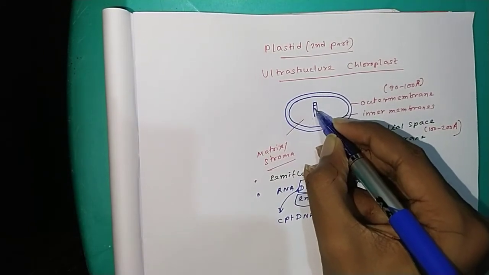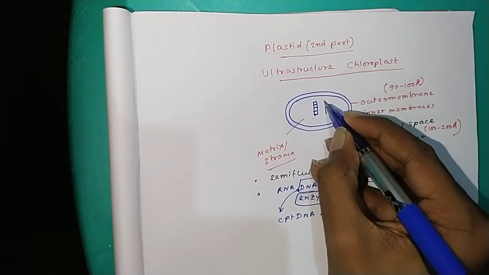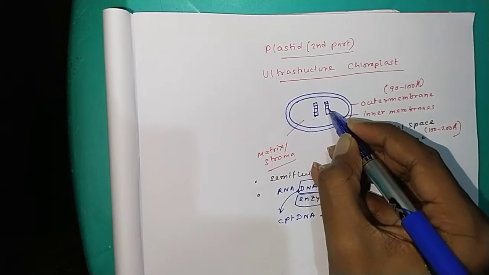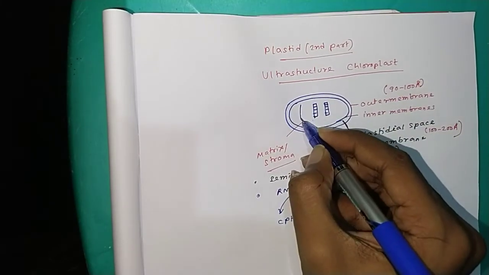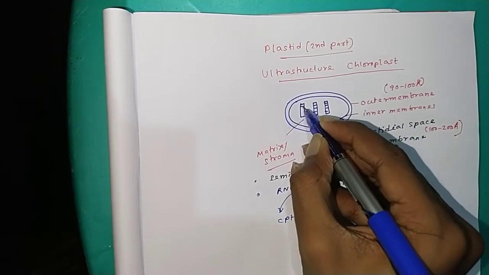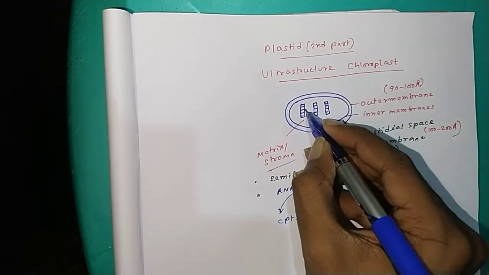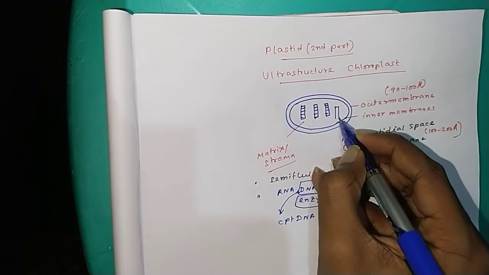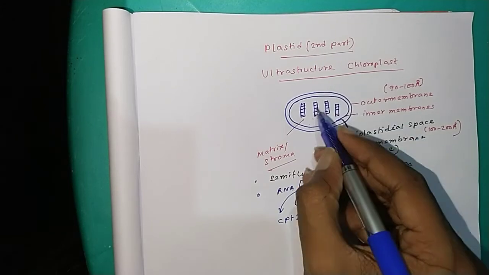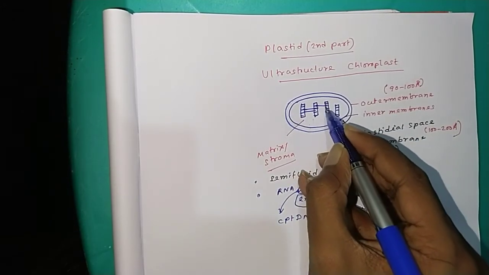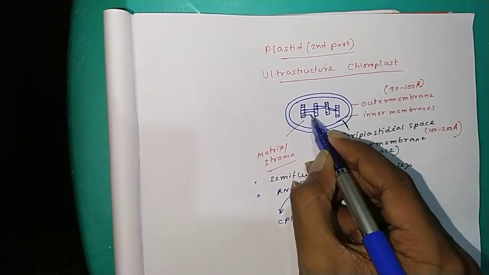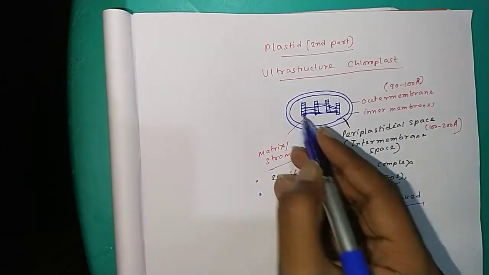The grana are pillar-like structures within the chloroplast, and they are made up of thylakoids. They are connected to each other by flattened lamellae.